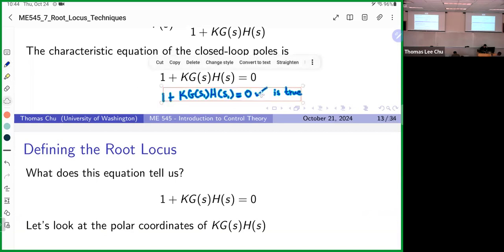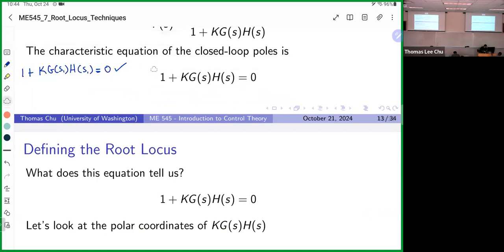So maybe I'll write on the side here. If on the root locus, 1 plus kG(S1)H(S1), if it's not equal to 0, then it means that S1 is not on the root locus. So that's what it means.